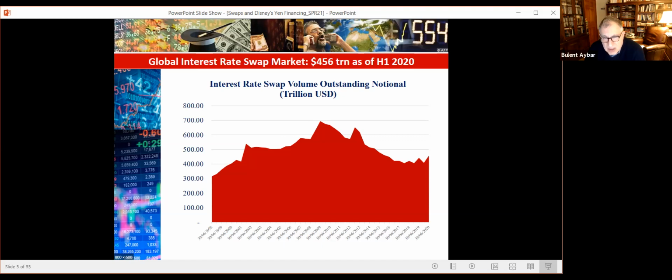So this is quite a significant volume. The measurement here is the notional principal, meaning that the underlying principal that is subject to a swap agreement is the basis of this measurement. So these are measuring the outstanding notionals in dollar terms.